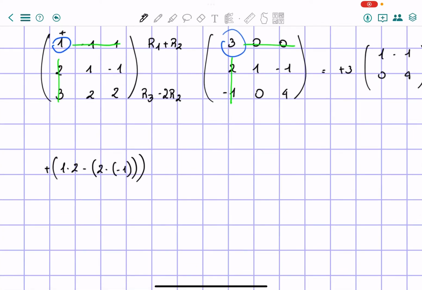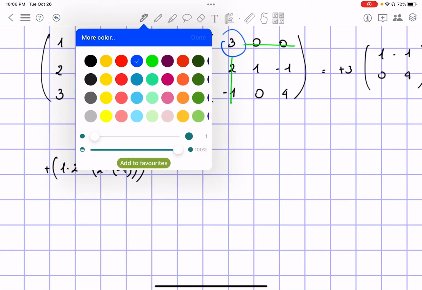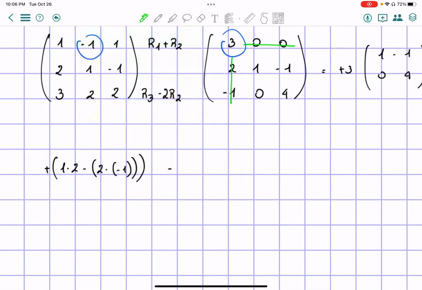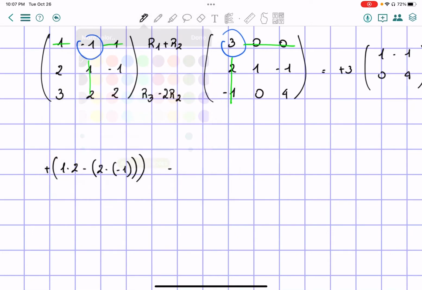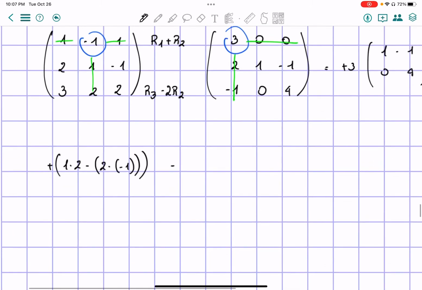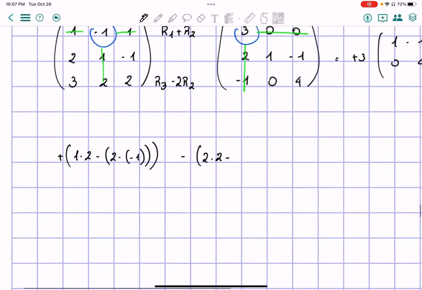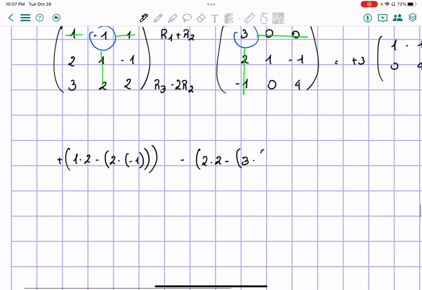The second position will be a minus, and the second position is this -1 over here, so the determinant of this will be 2 times 2 minus 3 times -1.